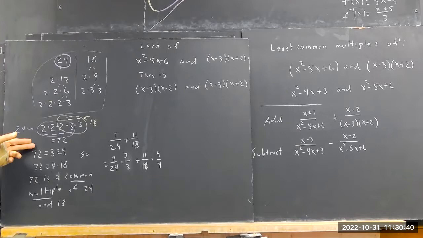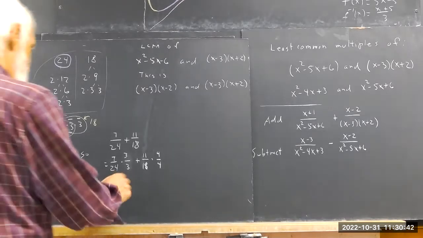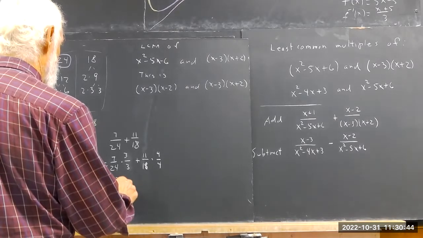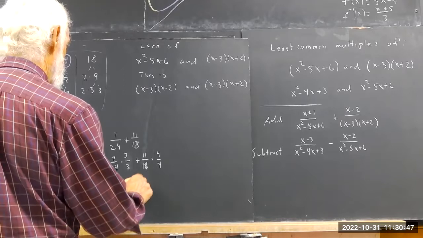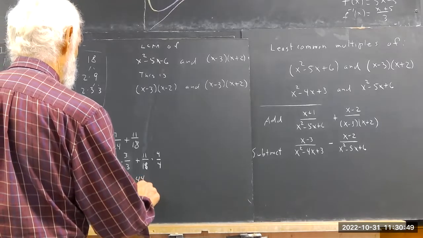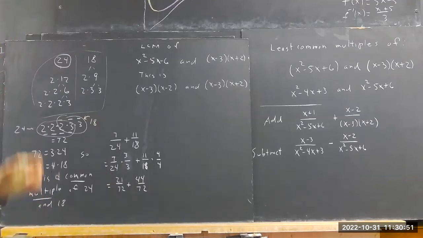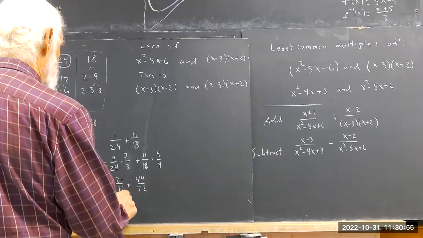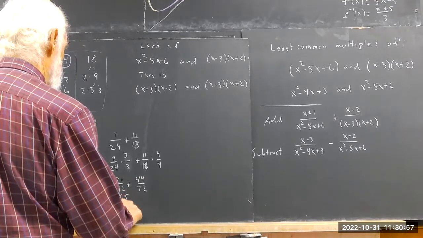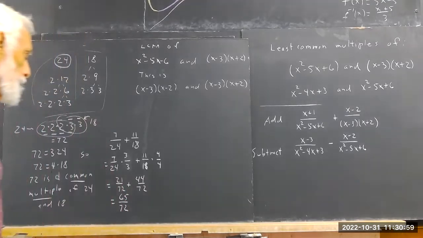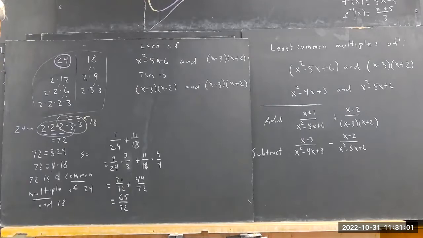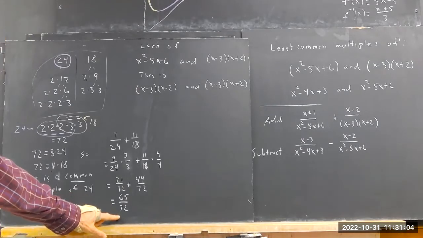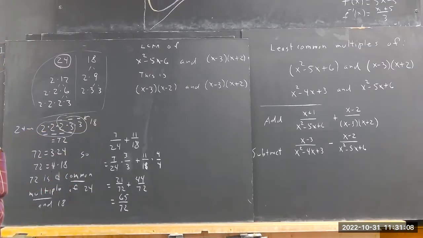So having found my least common multiple, I can do this. 21 and 44 is 65. And the only numbers 72 has in it are 2s and 3s.